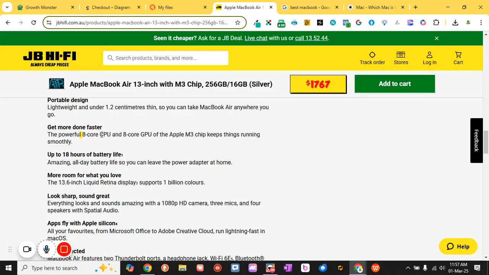Okay, so you can see that it still had an 8 core GPU, but it's only got an 8 core CPU, so that's going to be slower. So these things are really important to look at, the CPU and the GPU.